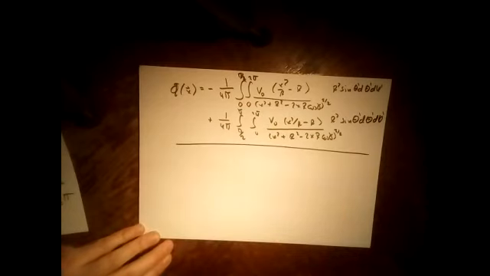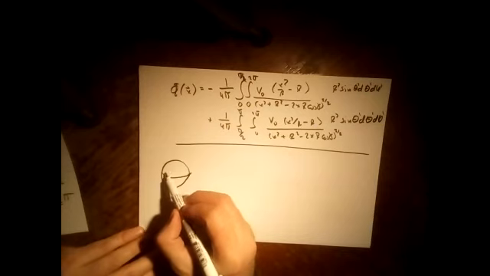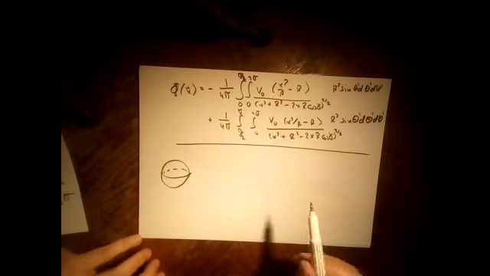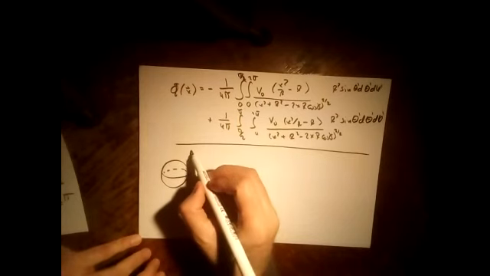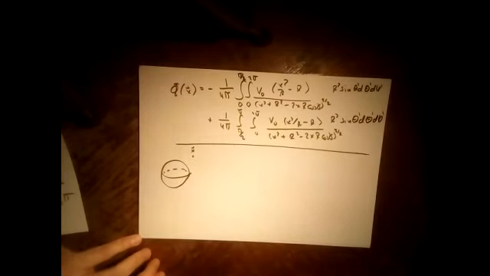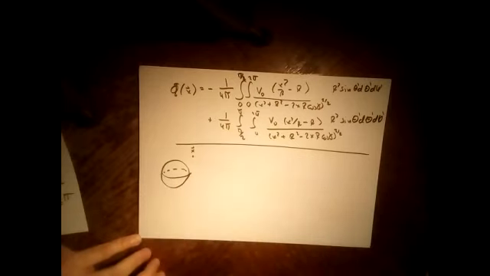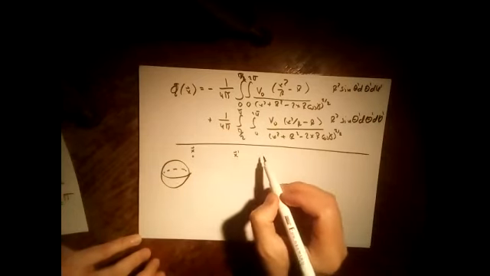Now, here's our sphere again, and I want to fill in one technical detail. Suppose this point here is the point where we want to find the potential, but this integral is running all over the surface of the sphere. The points on the surface of the sphere, let me call them x prime.